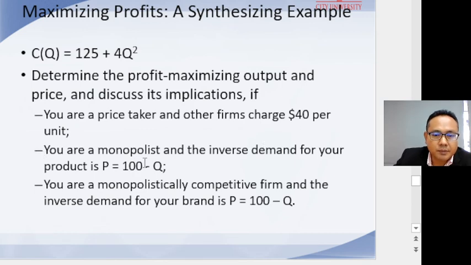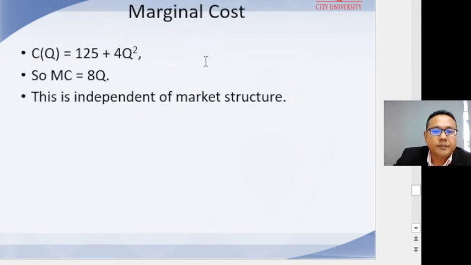Or you are a monopolist and the inverse demand for your product is P equals 100 minus Q. Or you are a monopolistically competitive firm and the inverse demand for your brand is P equals 100 minus Q. The marginal cost is the derivative of 125 plus 4Q squared, so MC equals 8Q. This is independent of market structure.